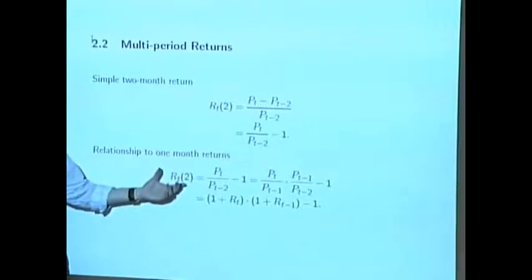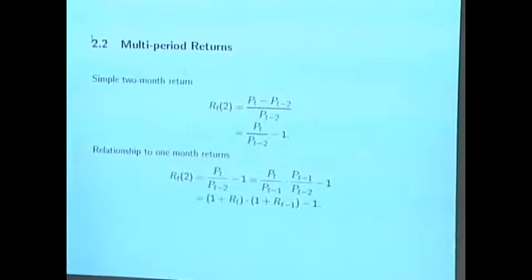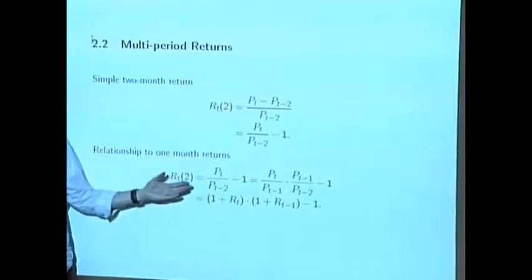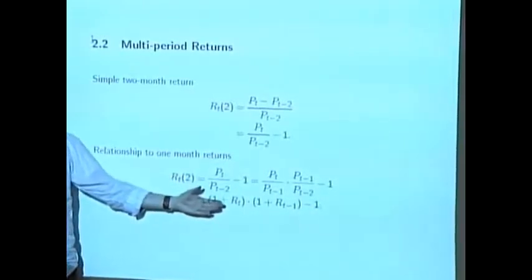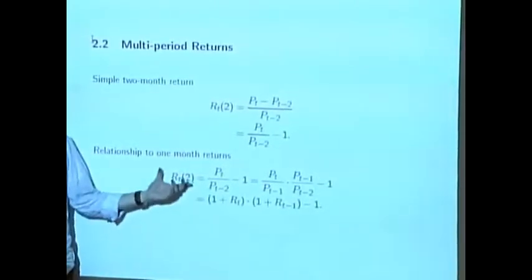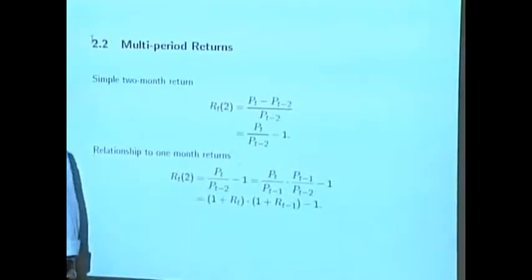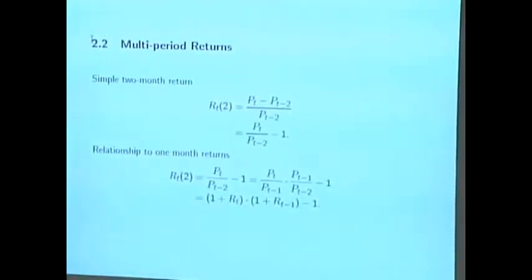Now, when you start having relationships that are multiplicative, that makes it very difficult in modeling things, particularly with random variables. And so this multiplicative relationship between a 2-month return and the 1-month returns may cause some problems. I just want to point that out, that this is somewhat of an inconvenient relationship.